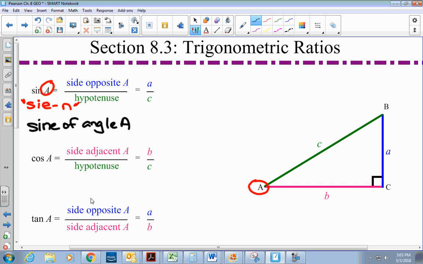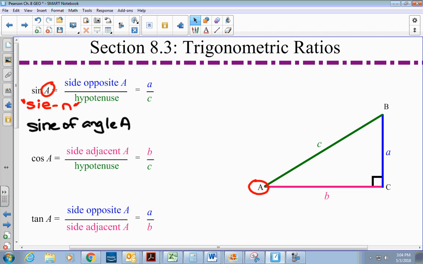We circled A up here, and we circled it on our triangle so you can see we're talking about this A right there. The sine of angle A is the side that is opposite A. So here we have side opposite A, and we have this little blue A that matches up with this little blue A. I think of it like opposite means across.